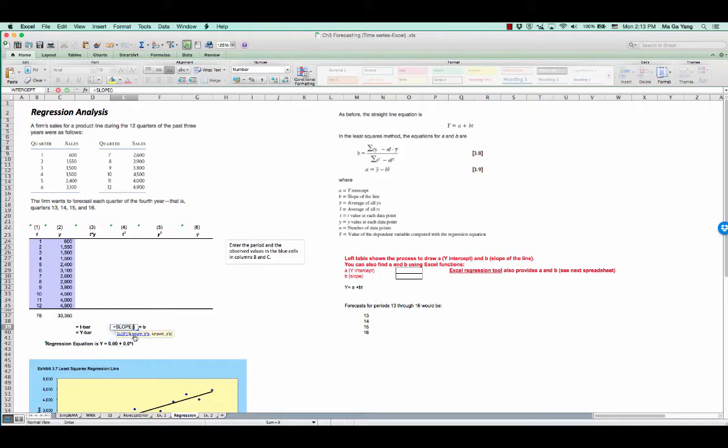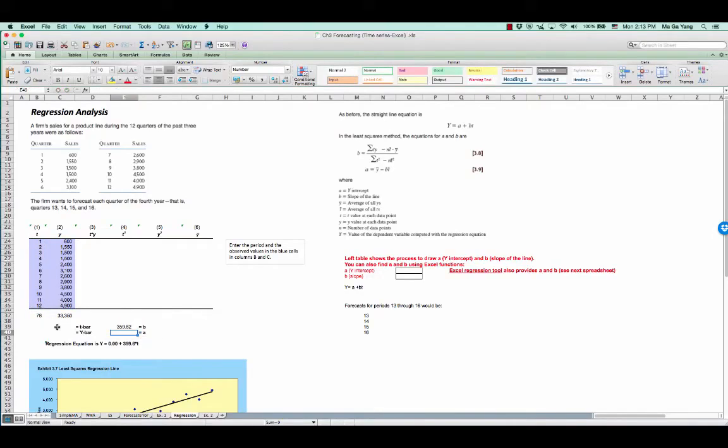It shows the known y's, comma, known x's. Known y's simply means the y variable, which is the sales demand data. Known x's means the x variable, in this case the time variable. So you select the y variable, which is the demand data, comma, then select the time variable.